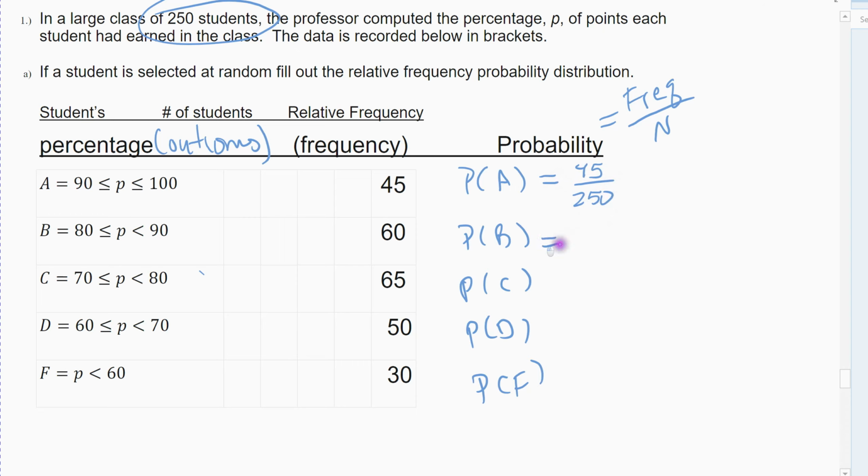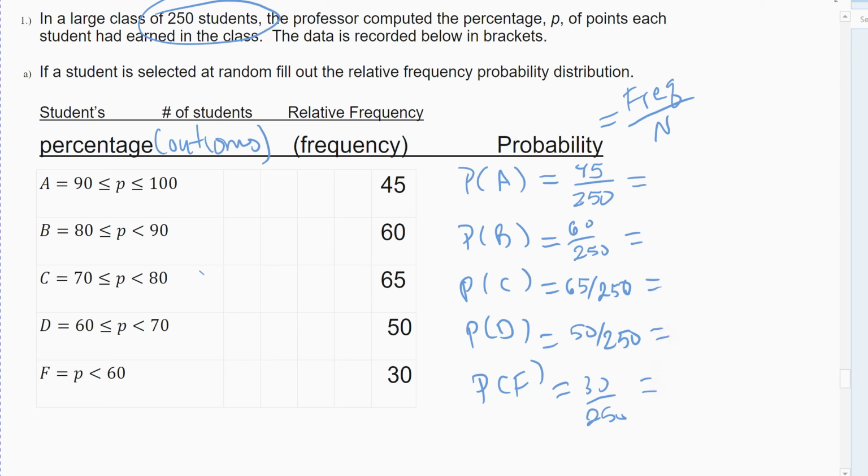B would be 60 chances out of 250. C would be 65 chances out of 250. D, 50 chances out of 250. And then F would be 30 chances out of 250. Then I'm going to find the decimal, because these all come out to fairly nice decimals.